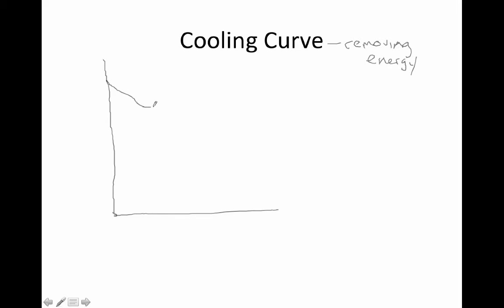Pretend that that's straight, and then you're going to have a plateau, and then you're going to have another incline, and then another plateau, and then you'll have another incline. And so you'll still have your temperature over here, and you'll still have your time here, but like I said, instead of adding energy, you're removing energy.